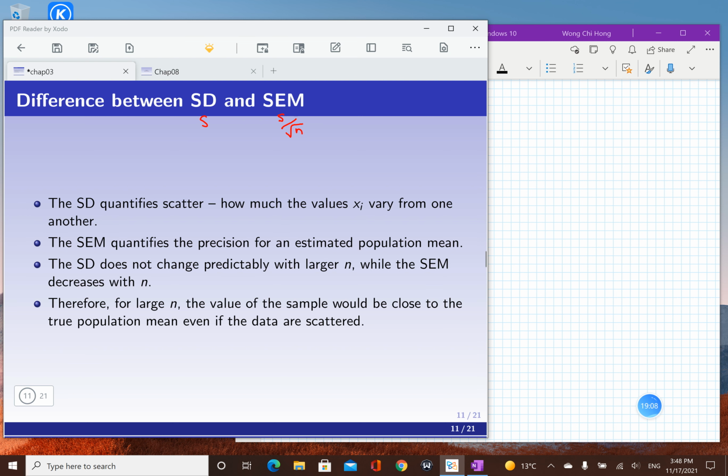Okay, that means even though we could still have the same sample size, and then we have similar sample mean there.